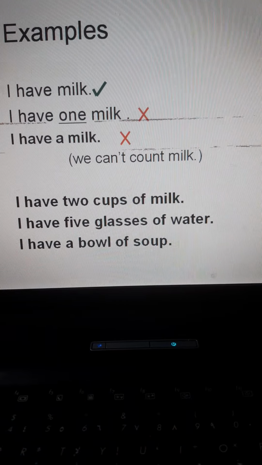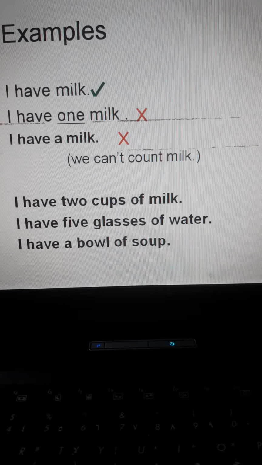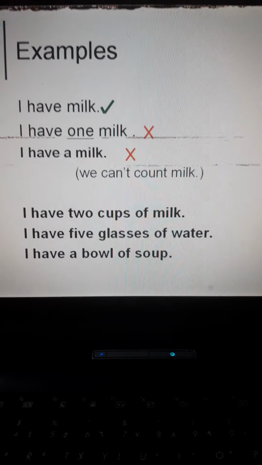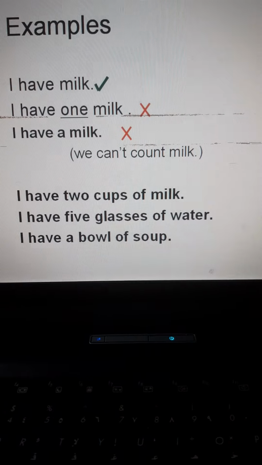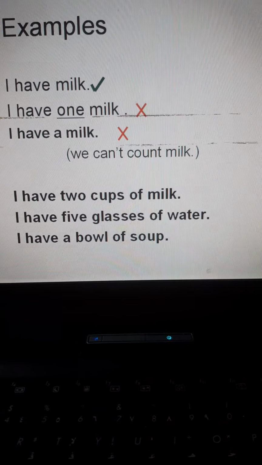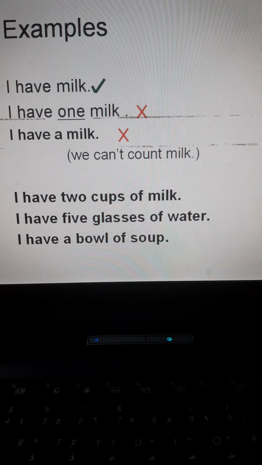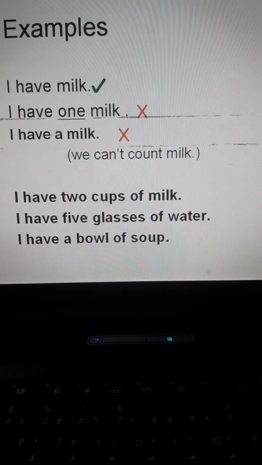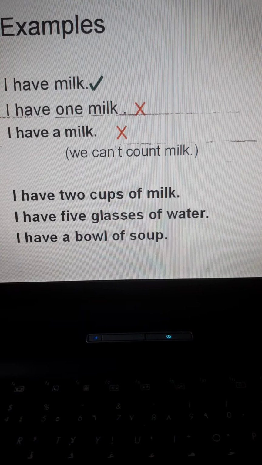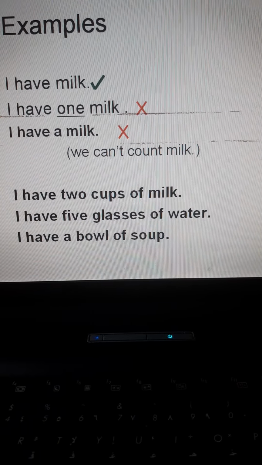So, milk is still an uncountable noun. But here we are talking about 2 cups of milk. I have 5 glasses of water. Water is an uncountable noun, but we gave it a container, okay, and we used this phrase, 5 glasses of water. I have a bowl of soup.